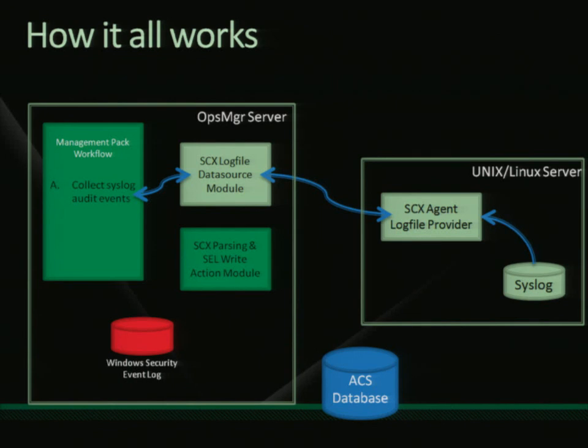If that matches the filter, the management pack will then write it to a new module that we drop on the box. That module will parse it, drop it into the Windows security log on the Operations Manager server that is monitoring that Unix box or Linux box. At that point, ACS simply picks it up and writes into the ACS database. Once we write into the security event log, from that point, it's just pure ACS. It is not specific to cross-platform.